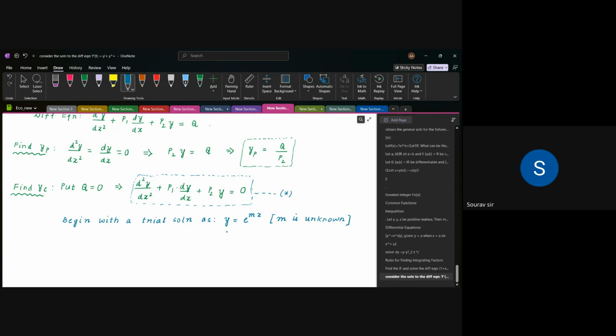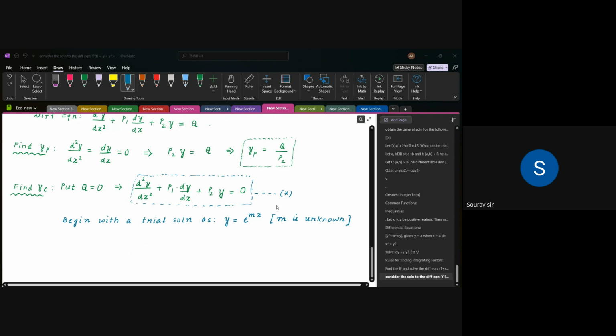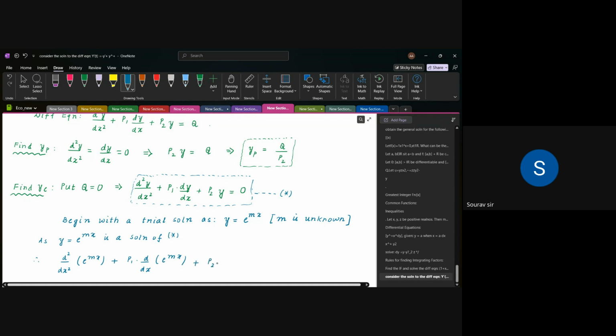If y equals e to the power mx is a solution of star, that means if I replace y by e to the power mx in this differential equation, the equation should be satisfied, meaning LHS equals RHS. So the second derivative of e to the power mx plus p1 times the first derivative of e to the power mx plus p2 times e to the power mx will be 0.